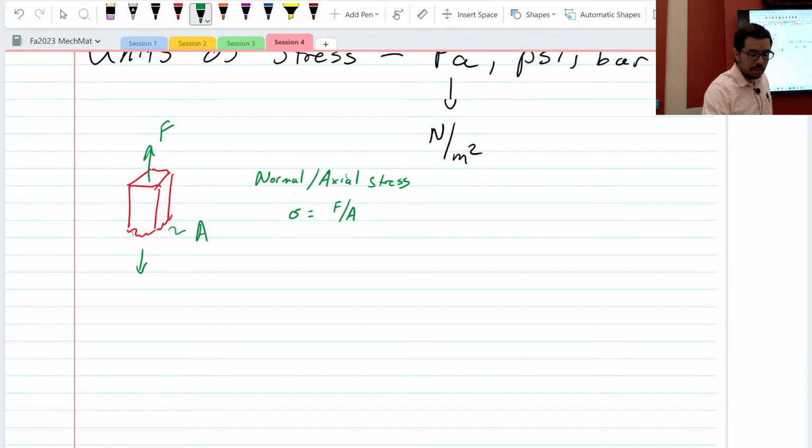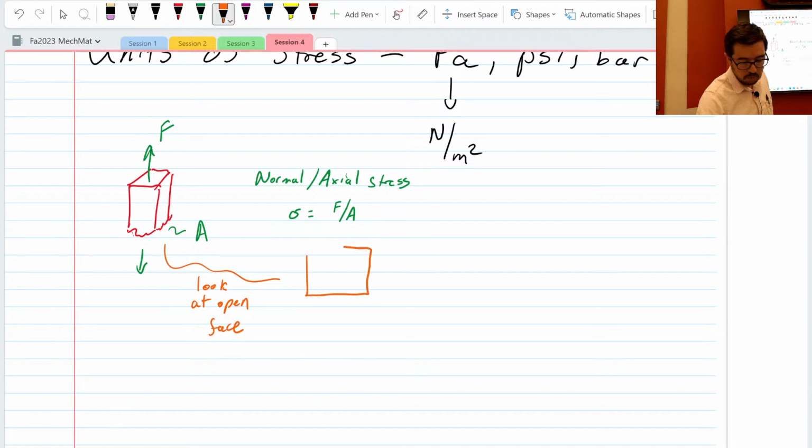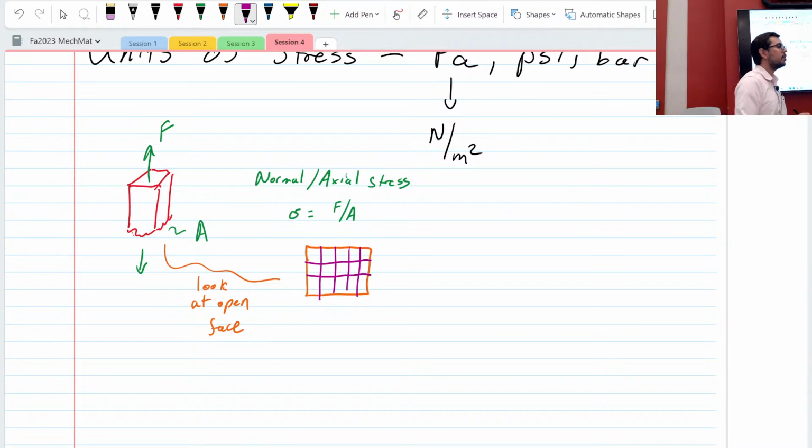If I were to look at this face, I've got some force coming out, and I'm breaking this face up into lots of little small areas.